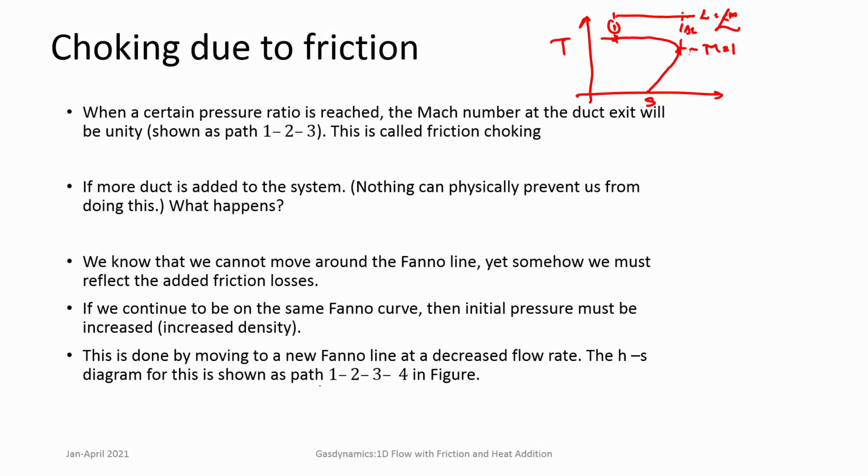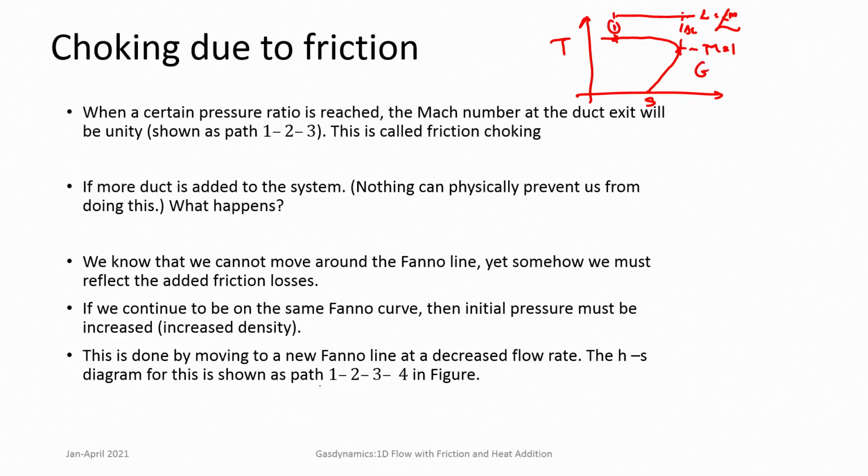So, there is a maximum length of the duct that one can give with a given friction for a particular inlet condition, which is L star. If one gives a length greater than L star, you do not have a solution in the context of this Fanno curve, something must change, otherwise that flow cannot happen.